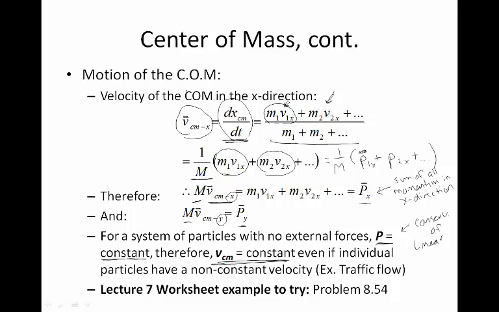So you think about traffic flow, you've got individual cars speeding up or slowing down, but you can see the net effect of all those cars moving as a unit, then their velocity is going to be constant for certain periods of time.